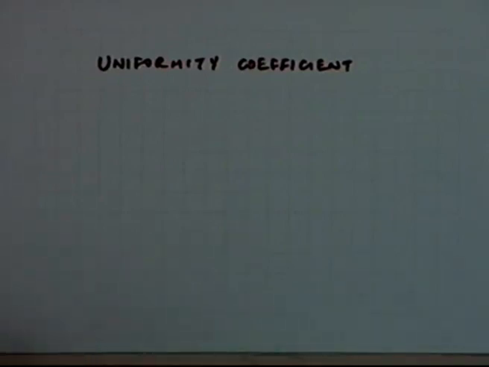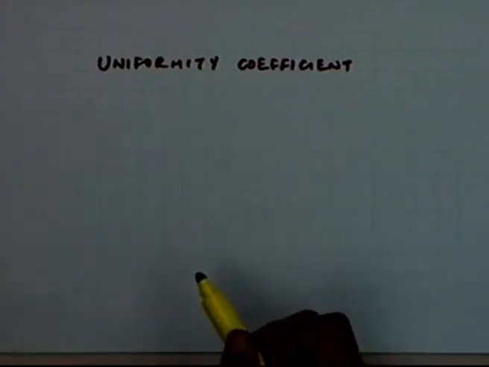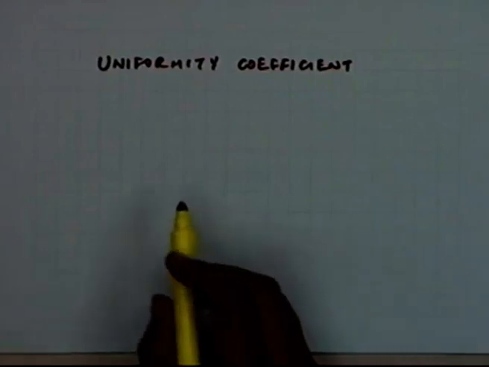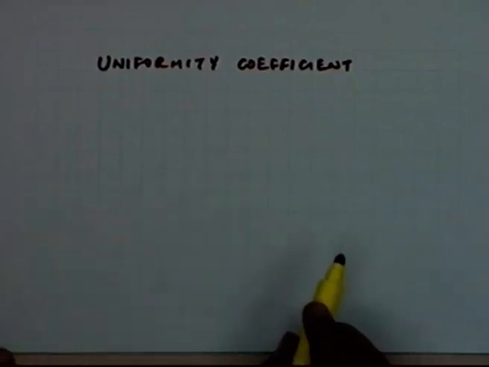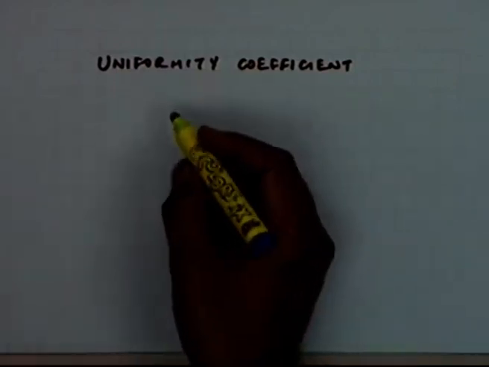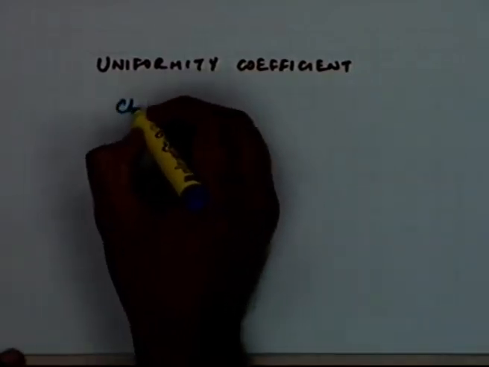There are different expressions which have been used to express the uniformity coefficient, and we won't indulge in that. We'll just pick up one which is most commonly used and which is given by Christensen.